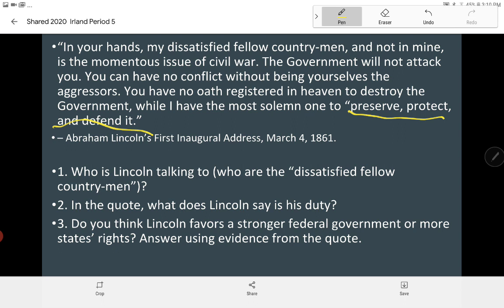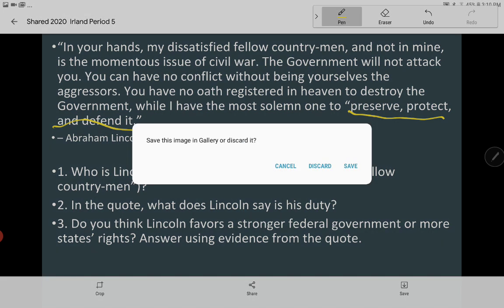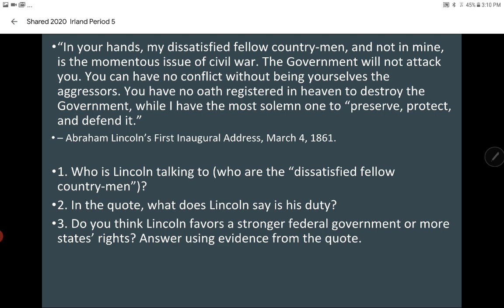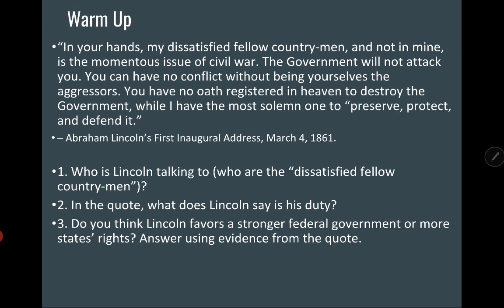He is saying that his job as president is to preserve and protect the Union. And really, Lincoln never acknowledges the South as a legitimate country. He sees it as states in rebellion, and he does not say that it is even a real thing.